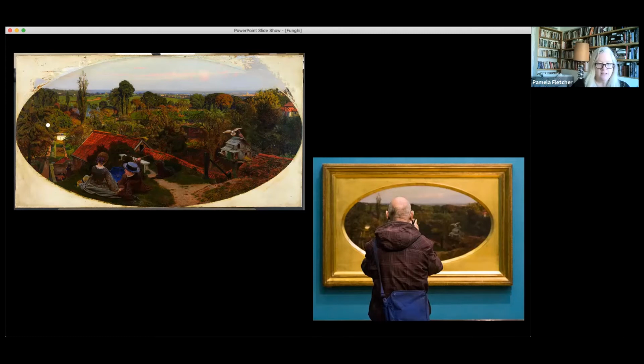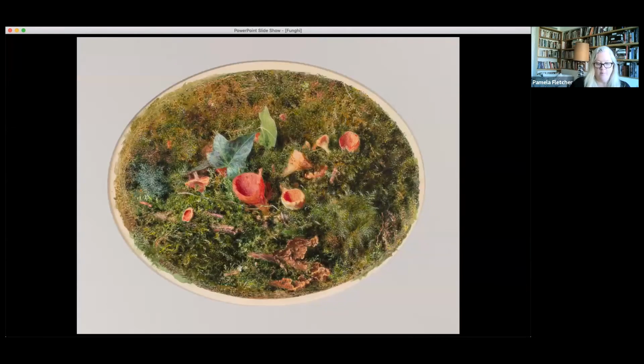So it's a little hard to get the full effect when you see the watercolor on the full sheet of paper, which is how I've been showing it to you, or matted as the museum has it presented, where the mat opening is also an oval, but leaves space around the painted area so you can see the edges.